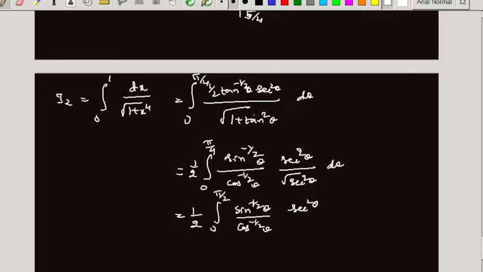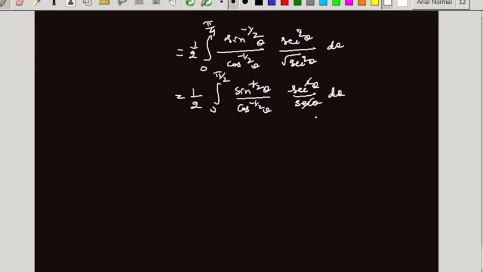Secant square theta dividing by secant theta into d theta. We can cancel one secant theta, and secant theta can be written as 1 by cos theta into d theta. So limit is 0 to pi by 4.